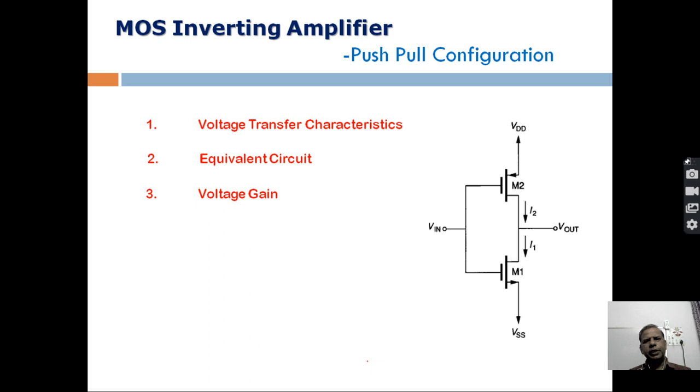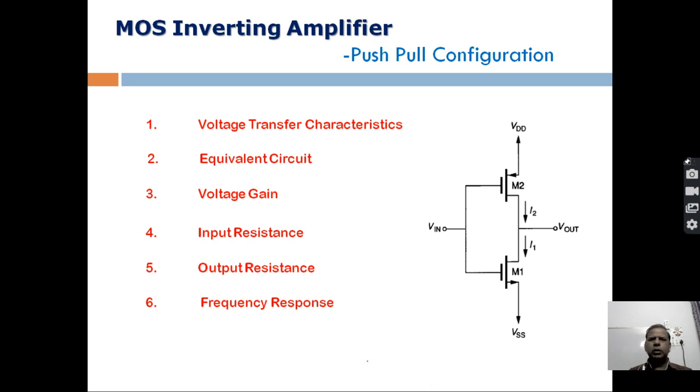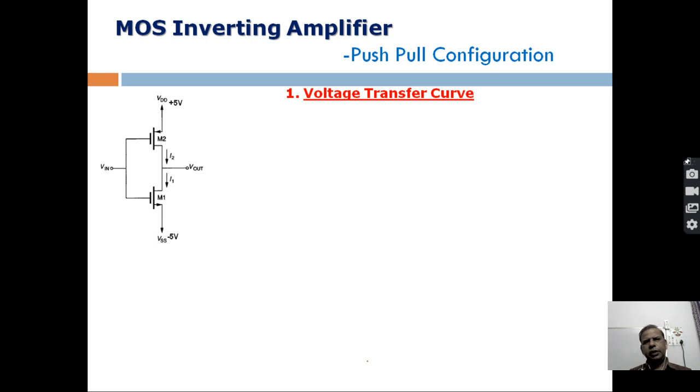For example, voltage gain, input resistance and output resistance we can find out with the equivalent circuit, and frequency response also can be determined from the equivalent circuit very easily. Now let's see the voltage transfer characteristics.